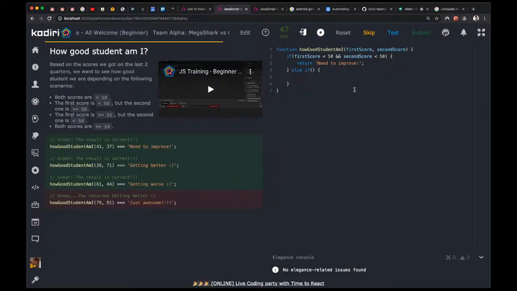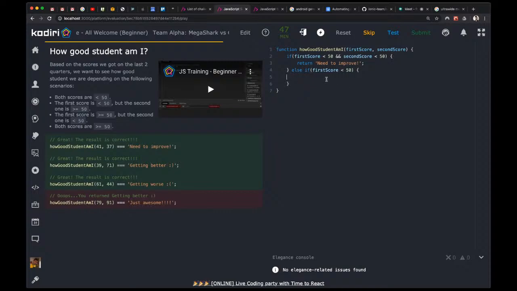What else can we check here? Yeah, if first score. Yeah, that's what I wanted to do actually. You see, because I'm starting again now with some fresh air, to me, it feels much simpler to find the solution. So what happened here? If the first score is less than 50, that means that the second one is going to be what? Above or below 50?